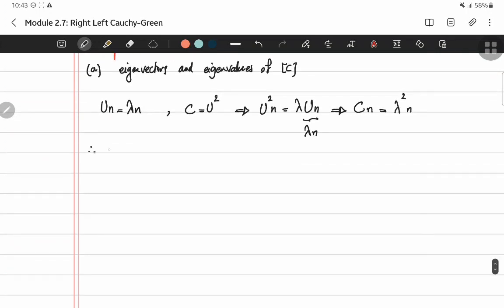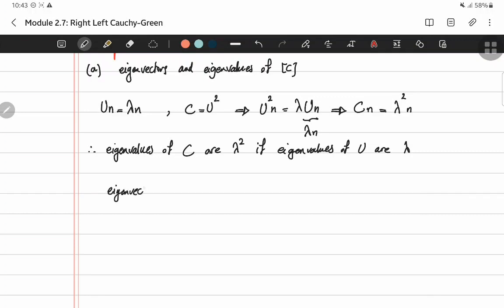Therefore, eigenvalues of C are lambda squared if eigenvalues of U are lambda, and eigenvectors of C are n if eigenvectors of U are n.